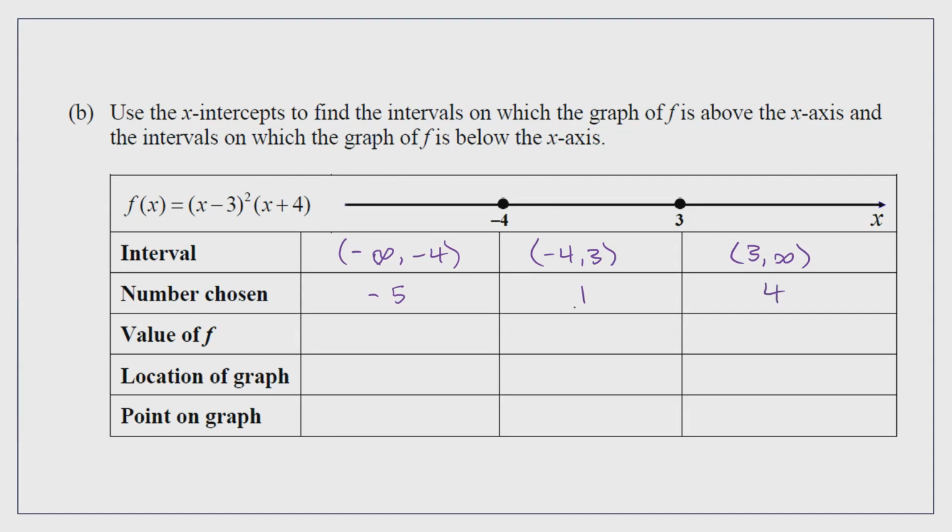I could have chosen 0 for my second interval, but I already know that value because (0, 36) is my y-intercept. So now I want to evaluate f at -5, at 1, and at 4, and I'm going to use my calculator to help me.